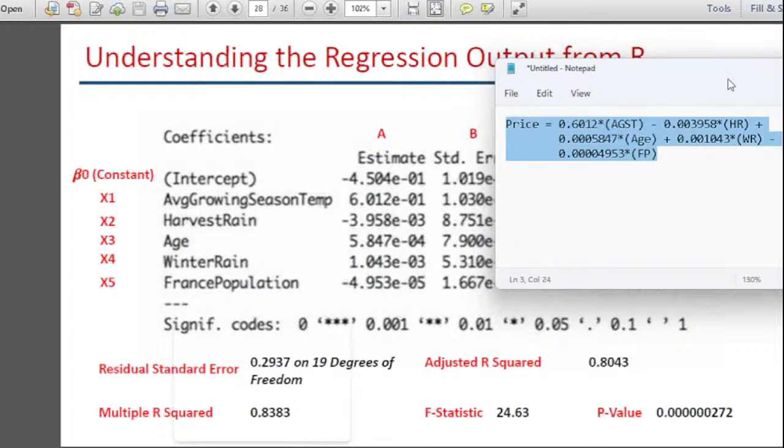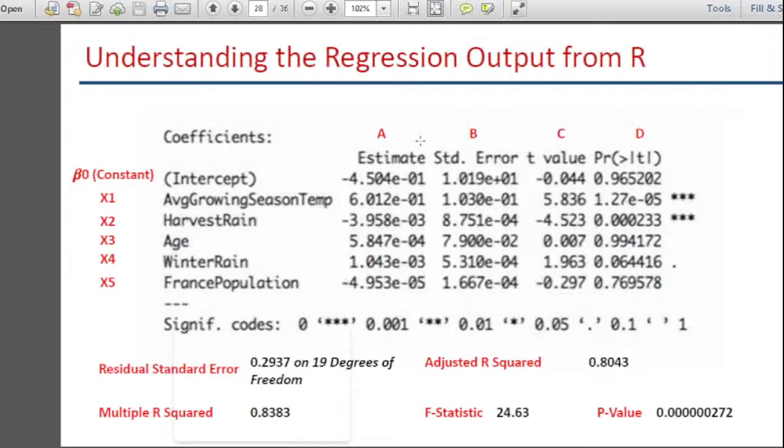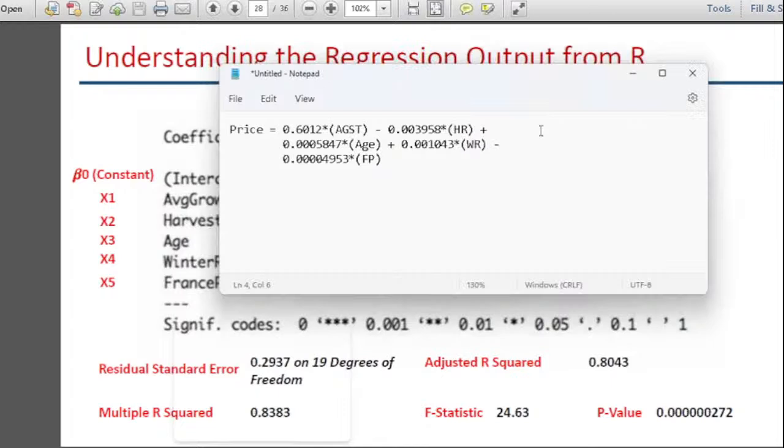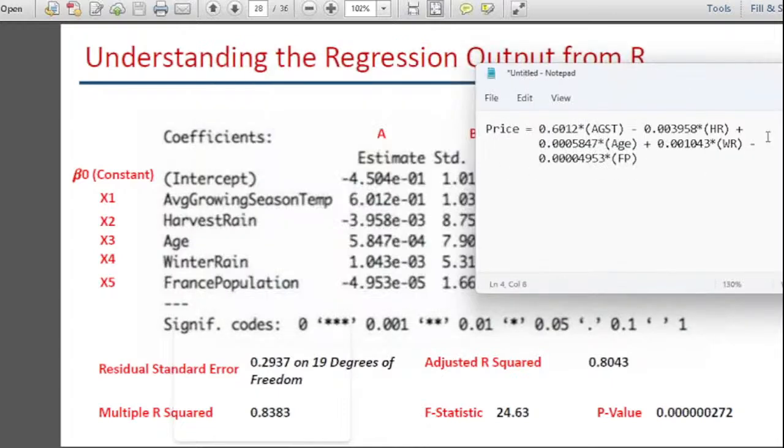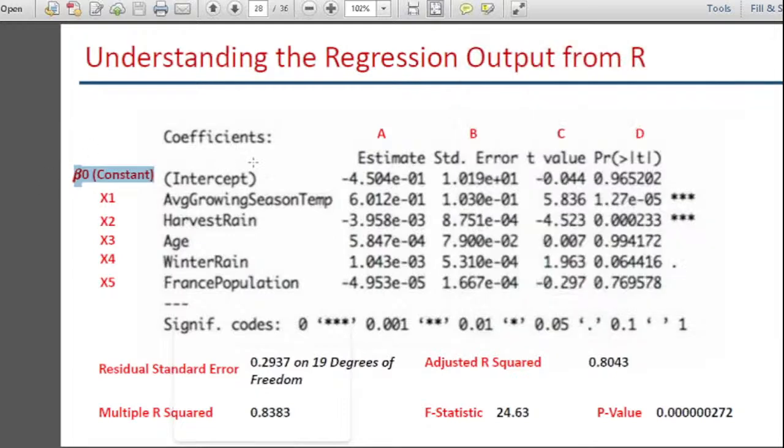Okay, so this first part is, oh sorry, I missed one very important part, which is the coefficient. Yes, Sachin, right. Minus 0.4504, that is the constant. Sorry, that's not a coefficient, this is a constant, B0.